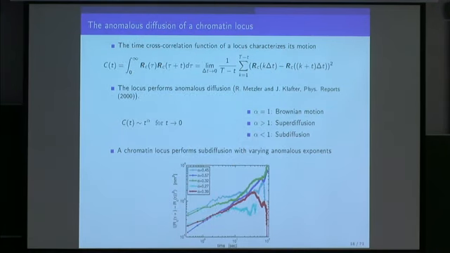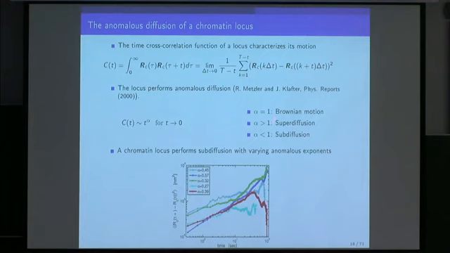So the anomalous exponent of our locus can be estimated by first calculating the time cross-correlation function. And indeed, you can see that it behaves like a power law, t to the power alpha. You can see the experimental results here. And we know that for alpha equals 1, this is a Brownian motion.